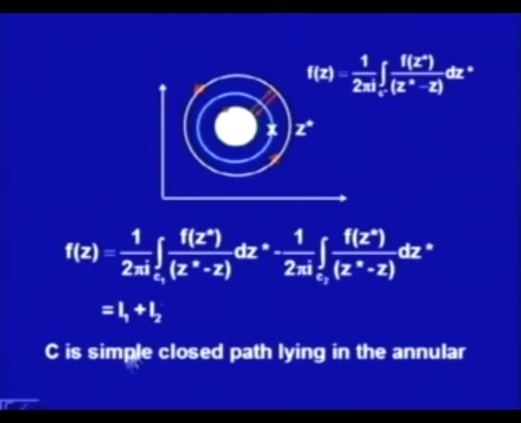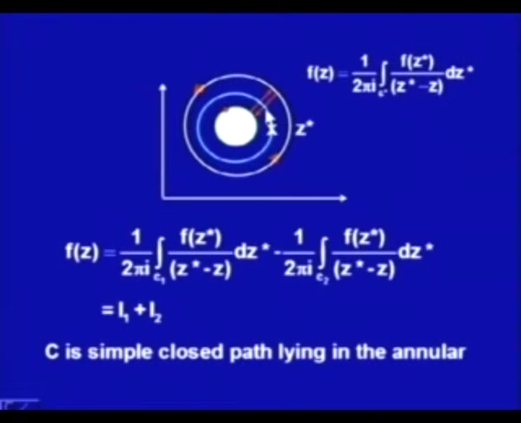Now, we consider C as a simple closed path lying along this annulus and z is a point on this. Now, we will not consider these 2 integrals along this curve or this curve, rather we will consider these integrals along this curve. The idea is you can shrink this outer circle to this, since there is no point where the function ceases to be analytic.